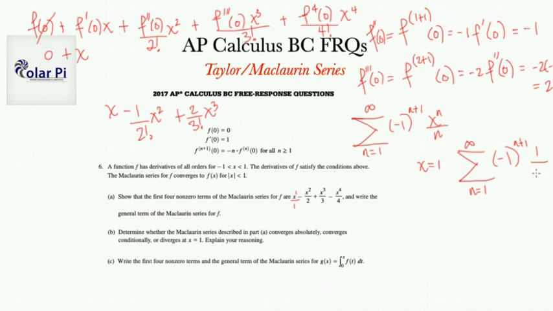When x is equal to 1, we get 1 to the n, which is just 1 over n. And so when we look at this in absolute value, we get the sum from n equals 1 to infinity of 1 over n, which is the famous harmonic series.